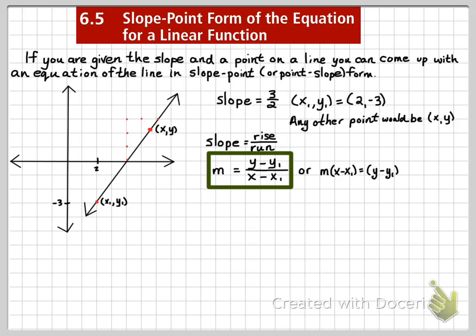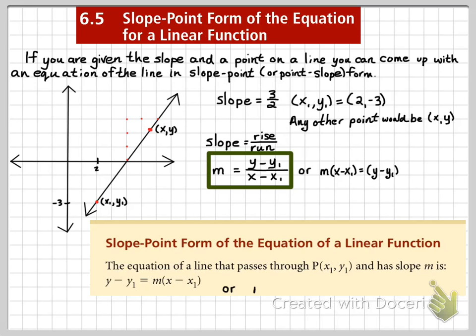Or we could multiply both sides by x minus x1 and come up with m times (x minus x1) equals y minus y1. The slope point form of the equation of a linear function, or the equation of a line that passes through some point (x, y) and has the slope m, is y minus y1 equals m times (x minus x1). That's what we're going to be working with in today's class.